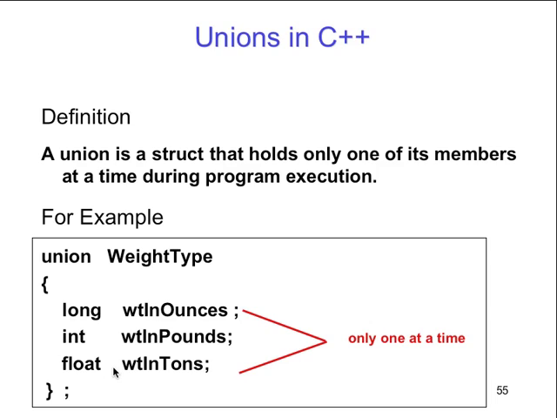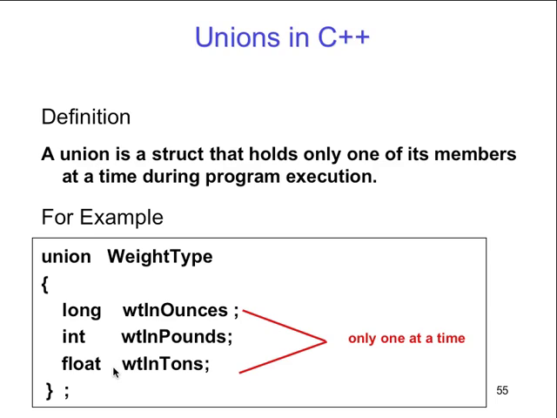You think of the concept of C++ as a strongly typed language. You can't take an integer and add it to a float, or vice versa. You get a type mismatch error complaint coming out of the compiler. So one of the reasons why unions are popular and still being used, outside of the memory associated with it, is that we have polymorphic. Now we can take one type, weight type, and it can be used as a long, an integer, or a float.